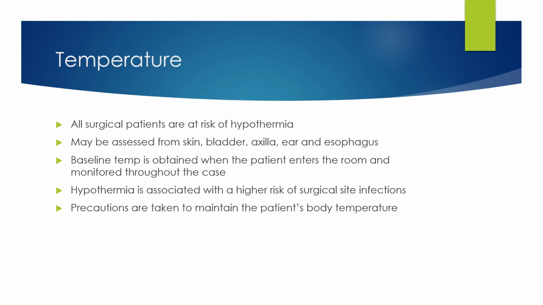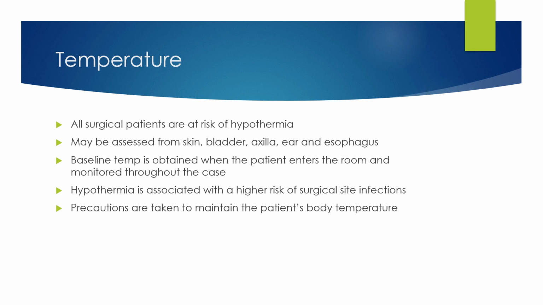All right, moving on to temperature. All surgical patients we've established before are at risk for hypothermia. Okay, they're in very little clothing with those surgical gowns, and it's very cold in the operating room. It may be assessed from skin, bladder, axilla, ear, and esophagus. A baseline temperature is obtained when the patient enters the room, and then they're monitored throughout the case.